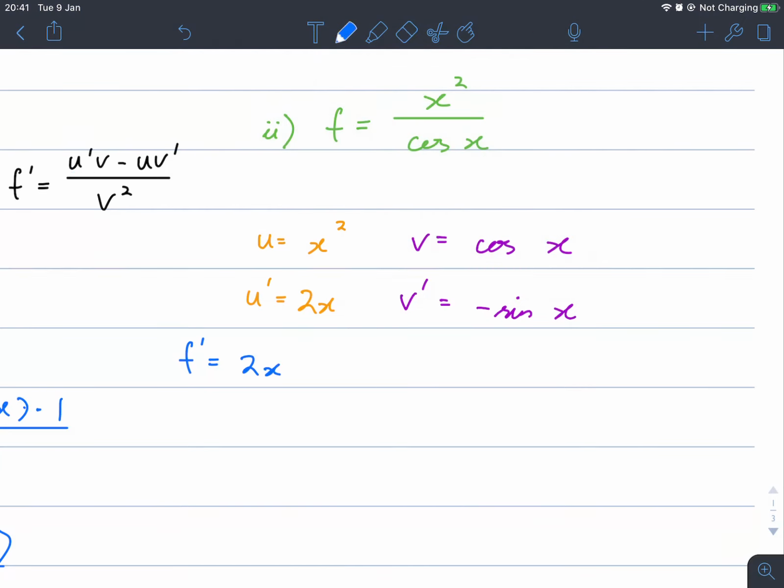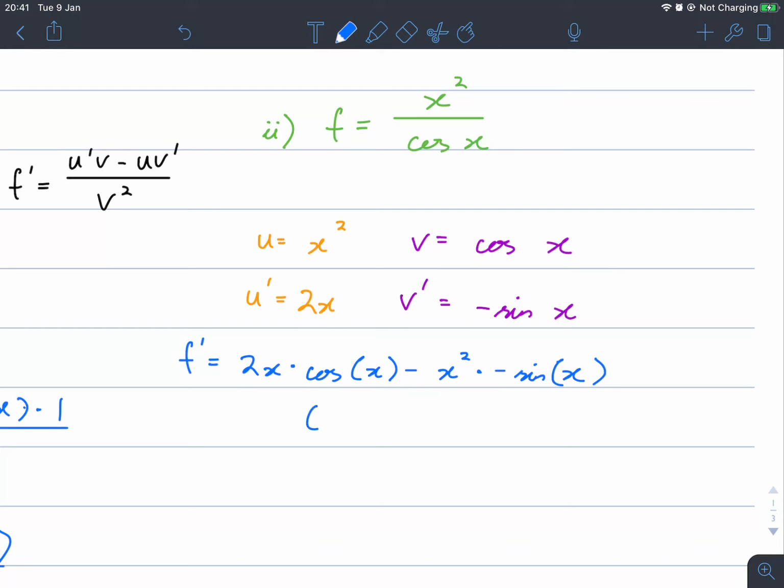So 2x times cosine of x, minus, following this formula here, minus u, which is x squared, times negative sine of x, all over v squared, which is cosine x squared.